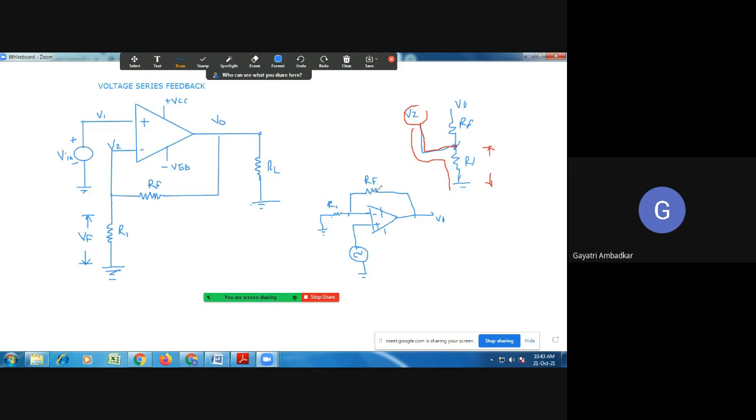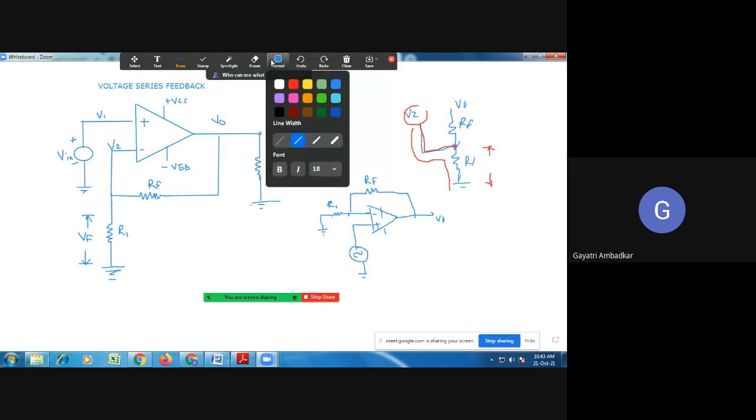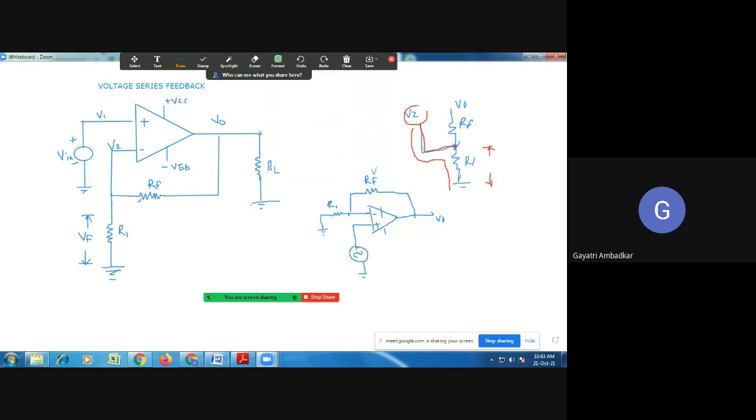So RF is your feedback resistor. You can verify: output to negative terminal, what is there? RF. From the negative terminal to ground, what is there? R1. So the voltage across R1 is the feedback voltage, which is going to the inverting terminal.